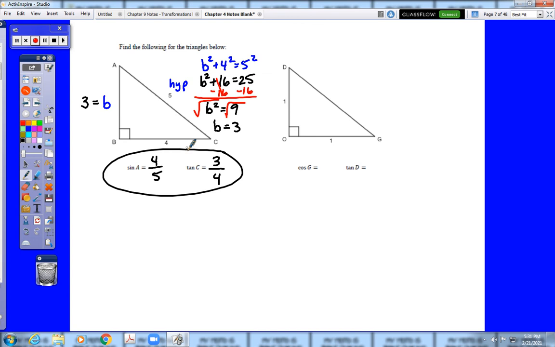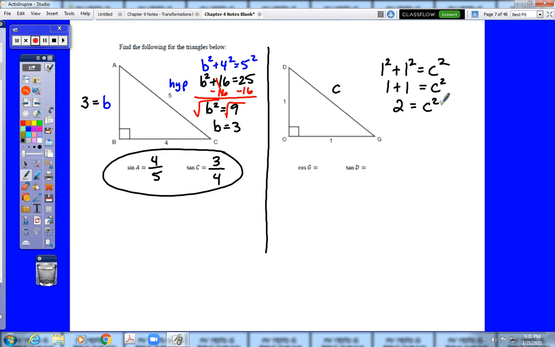On the other one, for triangle DOG, again, the first thing we should do is figure out the length of the hypotenuse. So in this case, 1 squared plus 1 squared equals C squared, the Pythagorean Theorem, where the hypotenuse is C. So 1 squared is 1, meaning we have 1 plus 1 equals C squared, or 2 equals C squared.